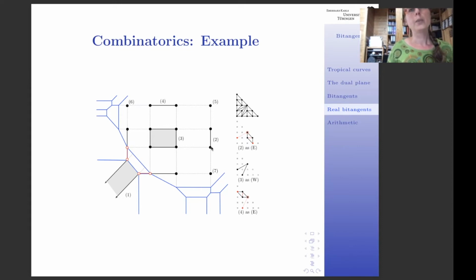So the one labeled 2 here, this is actually the one we looked at earlier, yeah? So this vertex corresponds to this tropical bitangent with the edge intersection here and the intersection on this edge of direction (-1, 2), right? And then number 4 is sort of very symmetric. It meets a segment here, and it meets this symmetric edge down there.